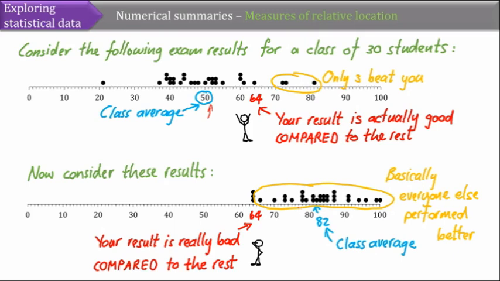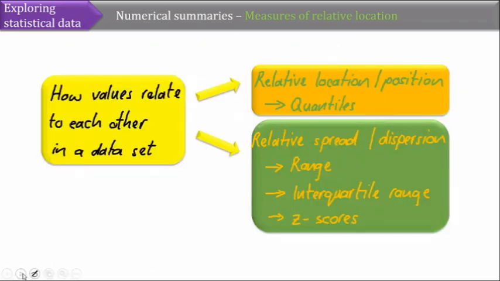So in this session we're going to be looking at relative location. Not just where you are, which was the measures of location, like the average, but where you are in relation to the others and where you are in relation to the class average. Where you are in relation to the others falls under quantiles or percentiles, and where you are in relation to the class average will be under z-scores.